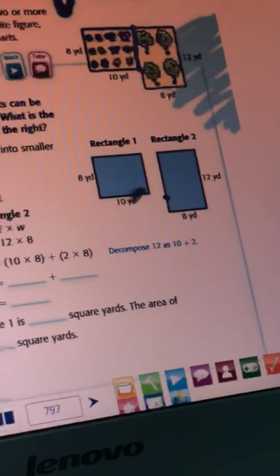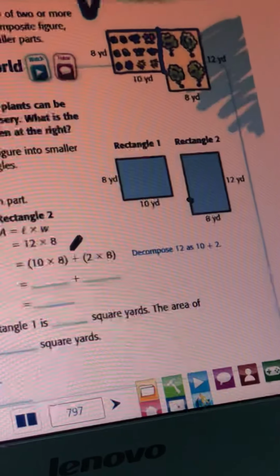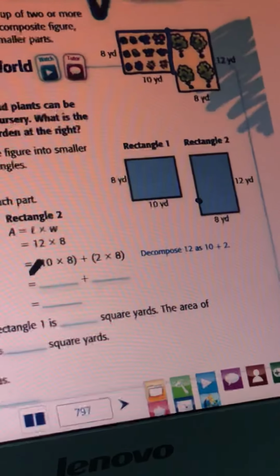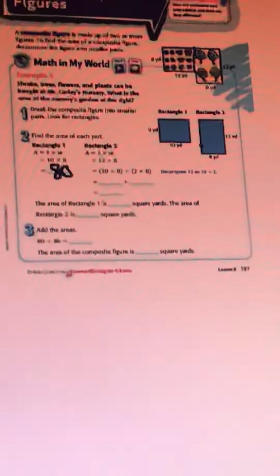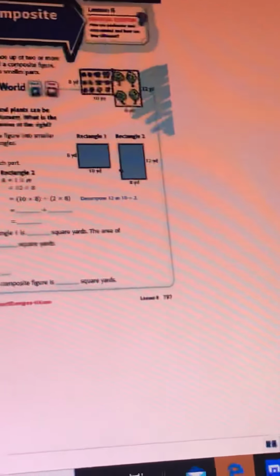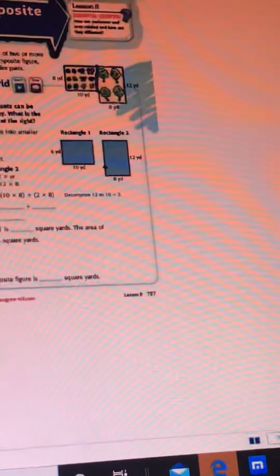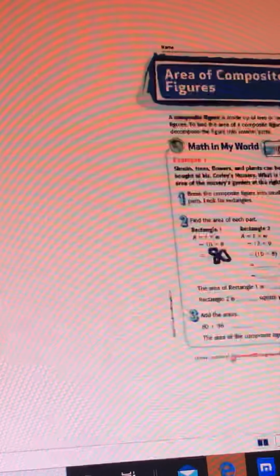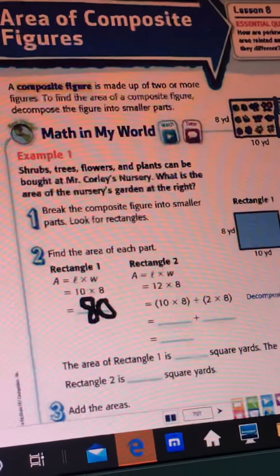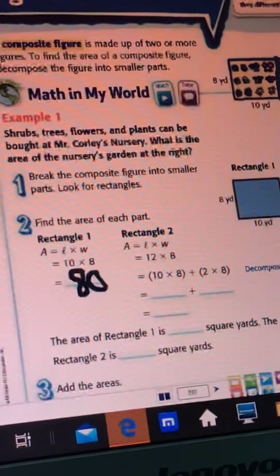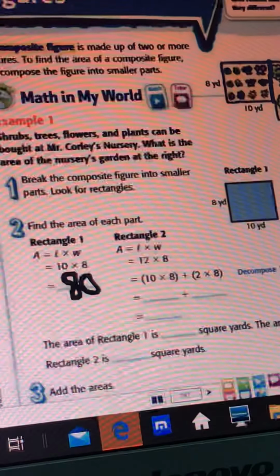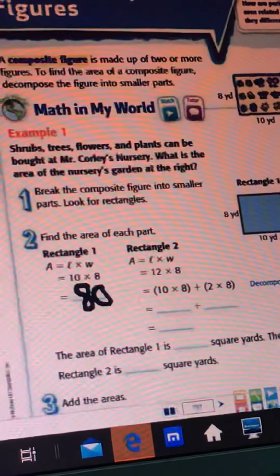Now let's solve for the next rectangle. As you can see here in their solution, they decompose the 12, but it's still 12 times 8. Okay, sorry for that. I'll just zoom it a bit. Now, in this case, we will multiply 10 times 8.